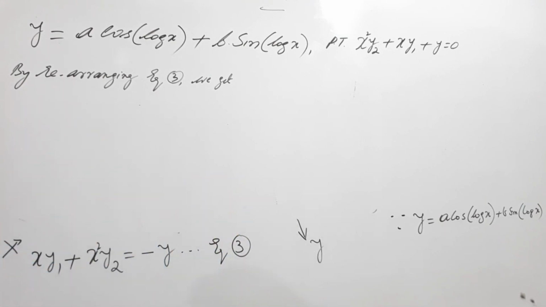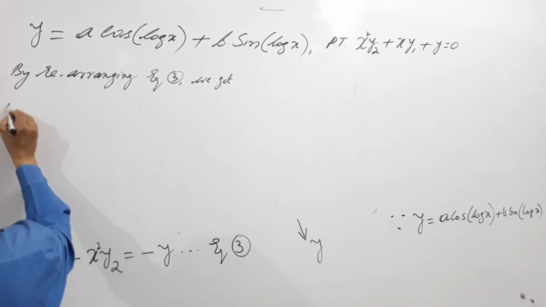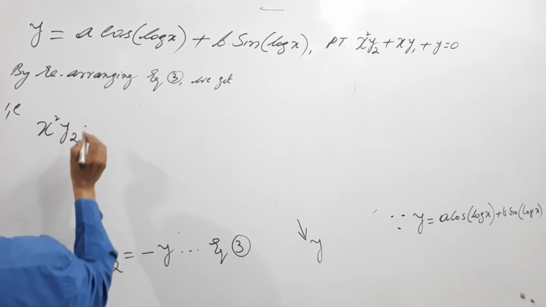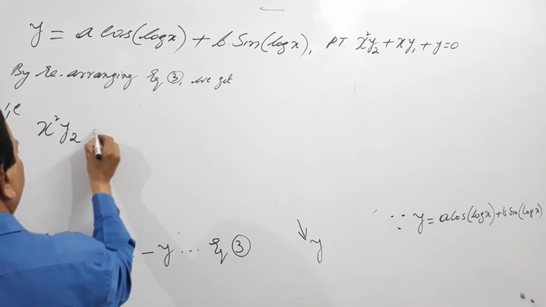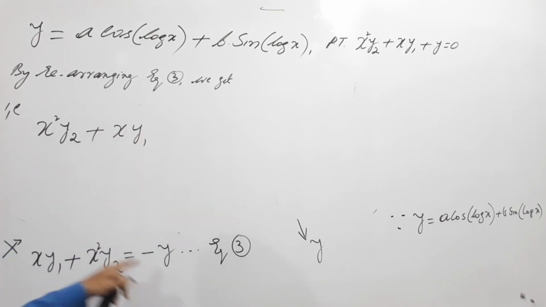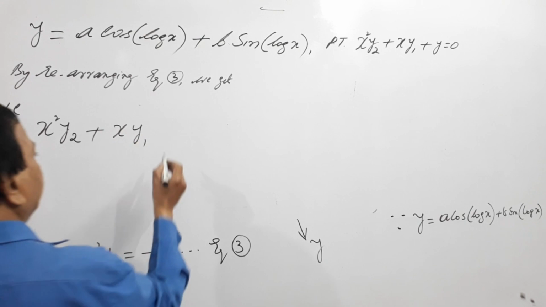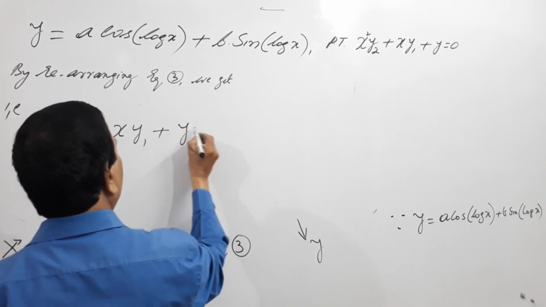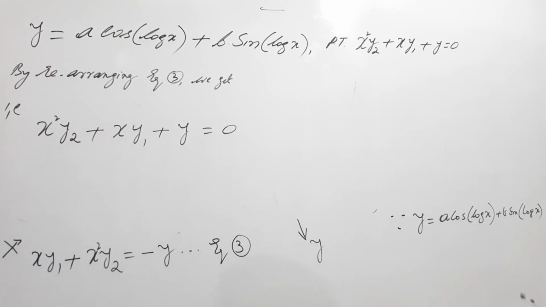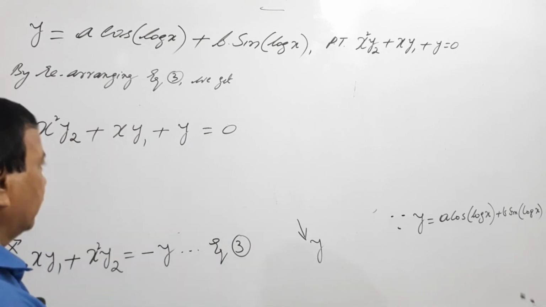So first term we want x square y2. We will rearrange this. So that is x square y2 plus x y1 plus y. So minus sign, if I bring it to the left hand side, it becomes plus. On the right hand side, what will we have? 0.